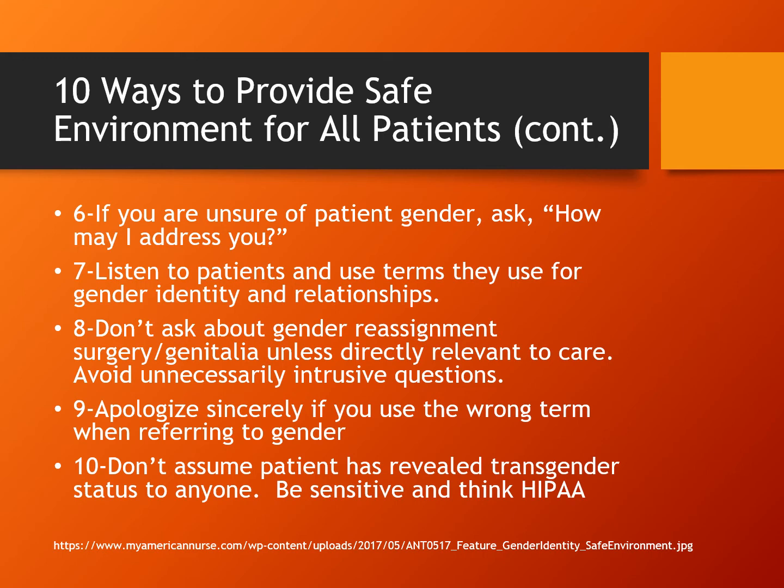You never want to ask somebody about their gender reassignment surgery or the details of their genitalia unless it has to do with the care that you are going to be providing. You just don't want to ask intrusive questions. Where it is important is, let's say a patient comes in, male appearing, happens to be a trans man, but male appearing, and they have a broken leg, they need to go to surgery.